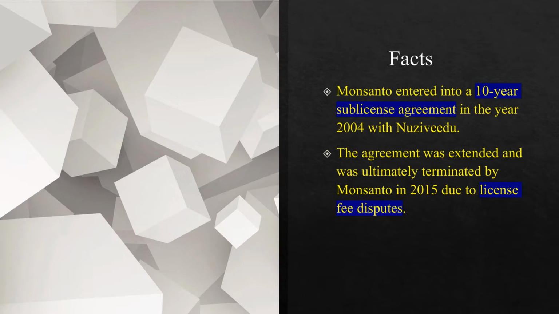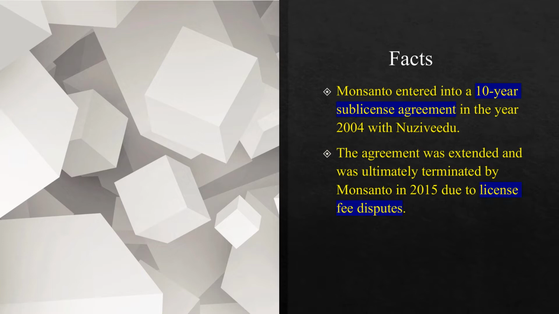If it started in 2004, it should have ended in 2014, but it was extended. In 2015 it was still available, but in the same year it was terminated by Monsanto due to license fee disputes.